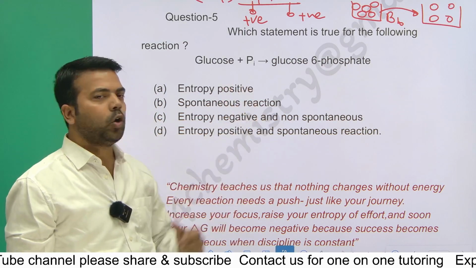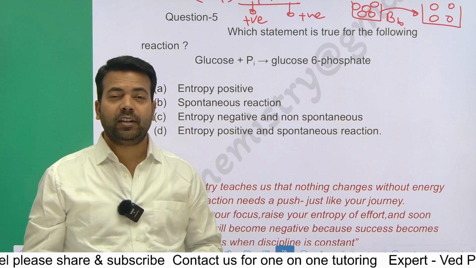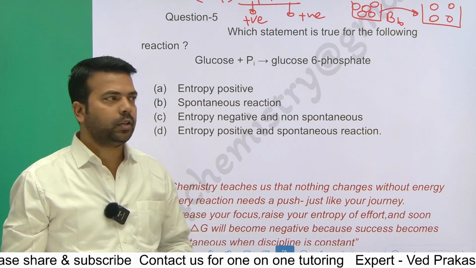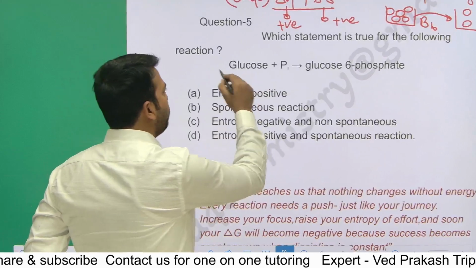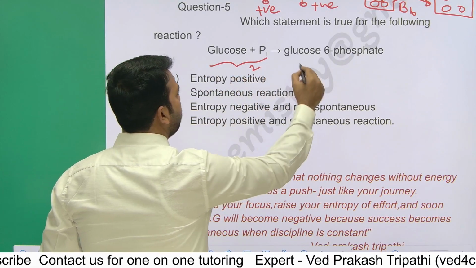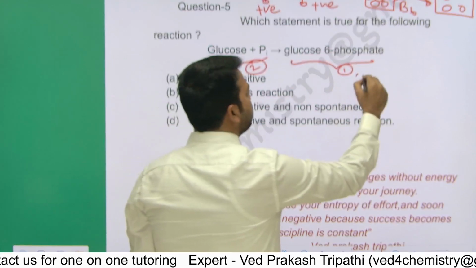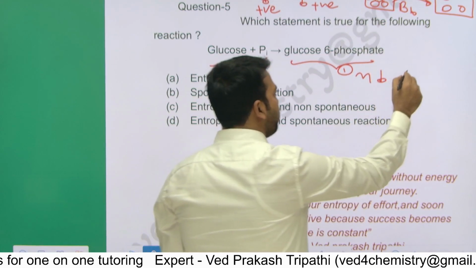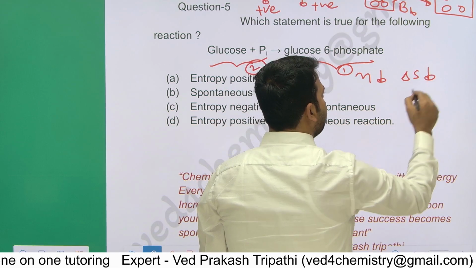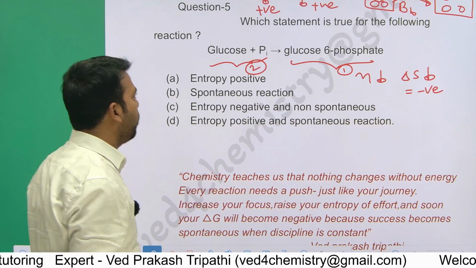If the phase is not given, only the moles are given, then higher the number of moles, greater the randomness and higher the entropy. On the left hand side we have 2 moles. On the right hand side we have just 1 mole. So moles decrease, which means entropy decreases, so it should be negative. So entropy positive is wrong.